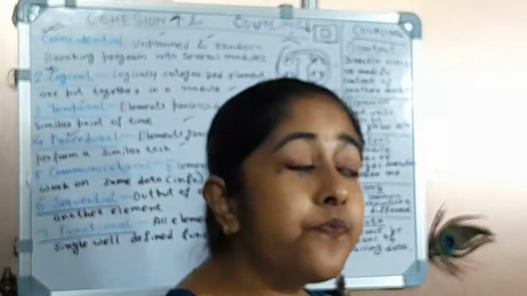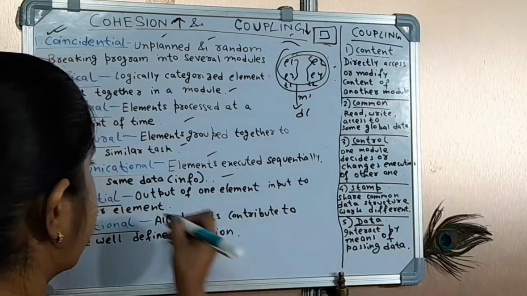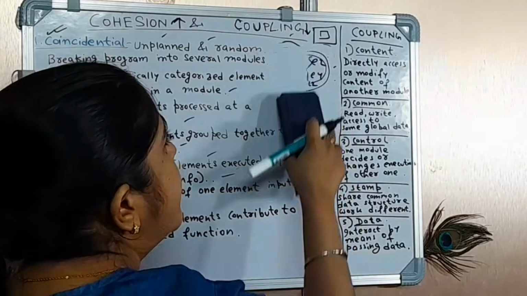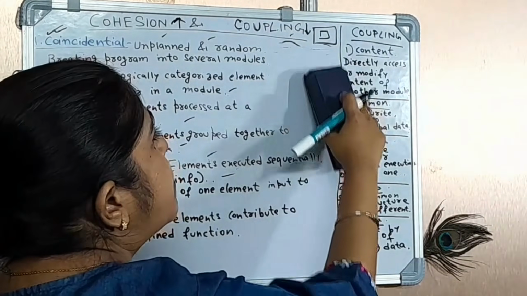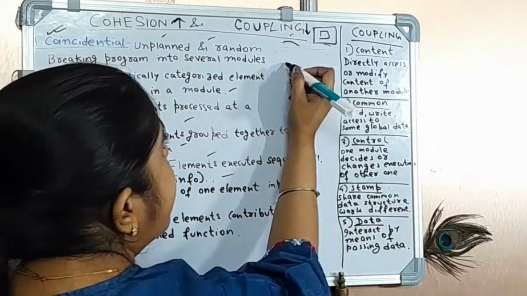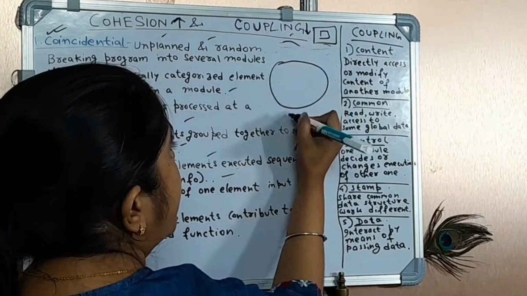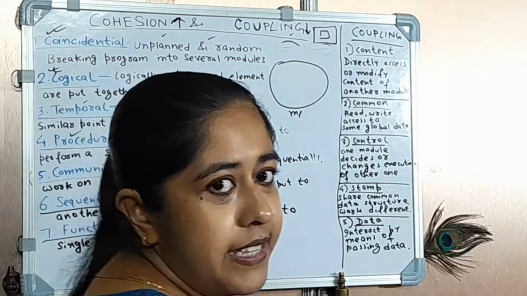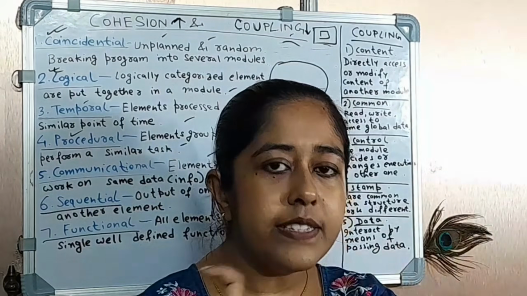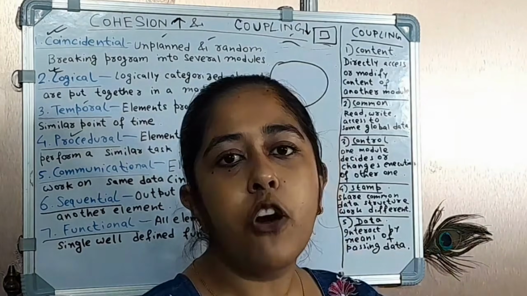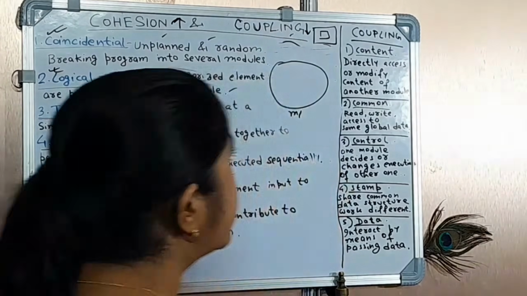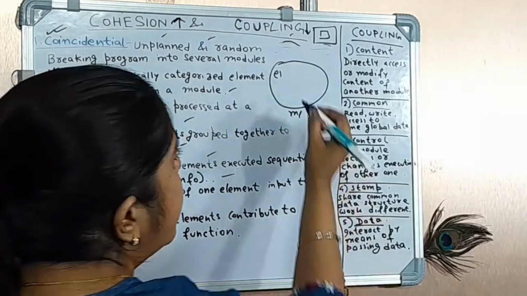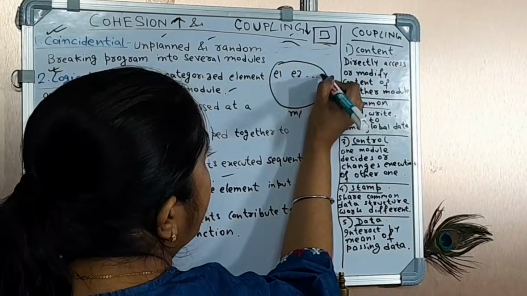Then now our sixth kind of cohesion, that is sequential cohesion. Now what is sequential cohesion? This is the most important type of cohesion. Suppose in our module M1, we have to see the sequence of the elements. Suppose this is my E1, this is E2, and so on up to En.